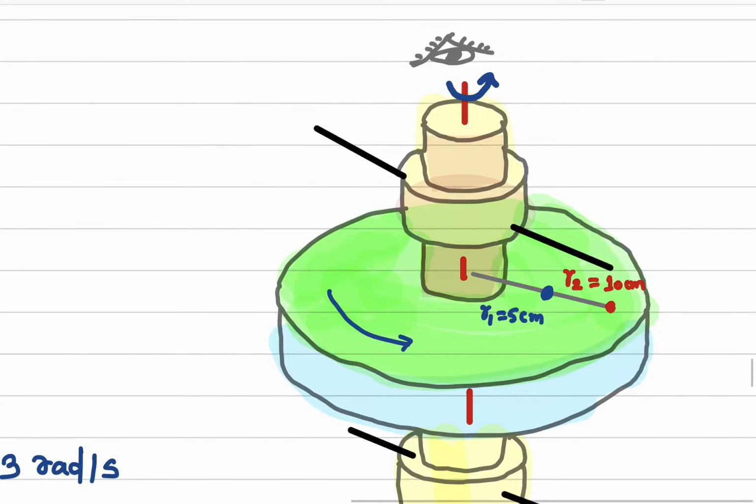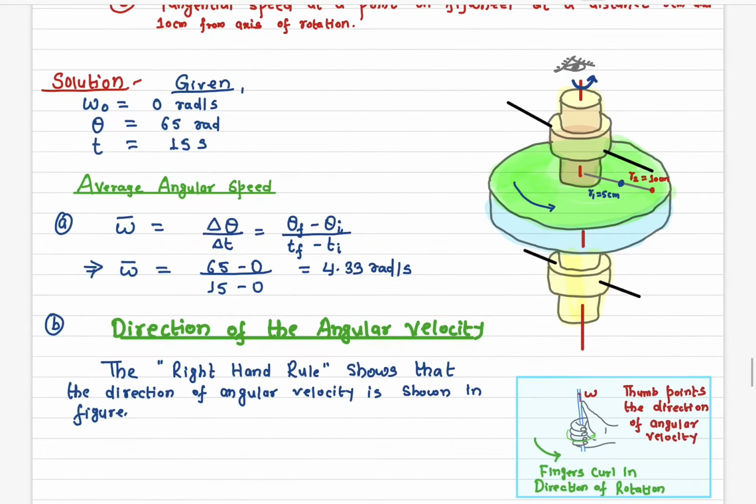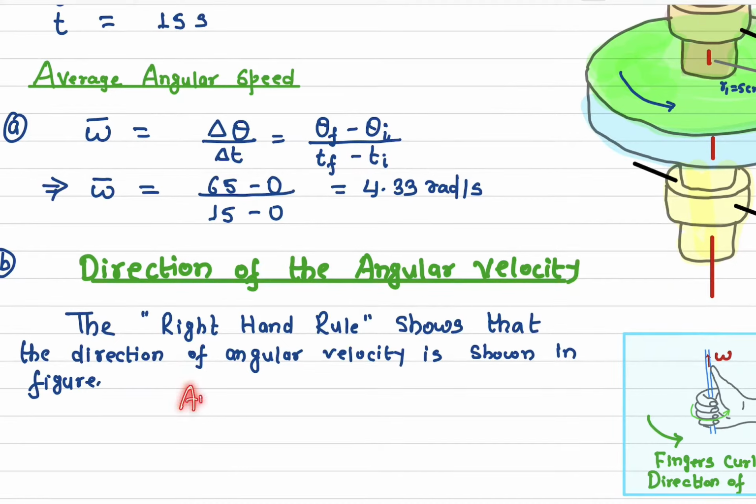For example, in this case, this one is rotating counterclockwise, so our fingers will curl in this direction and the thumb will point upward. That means the angular velocity is vertically upward. That's what it says here.